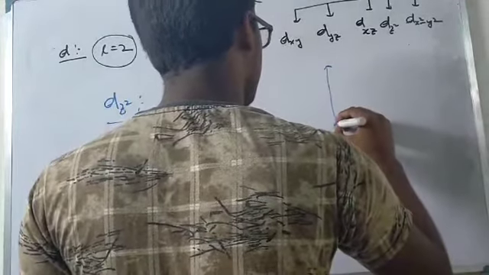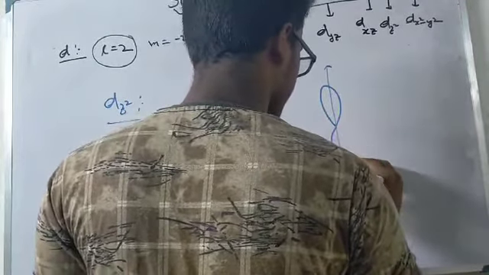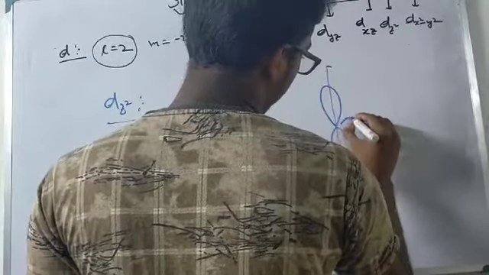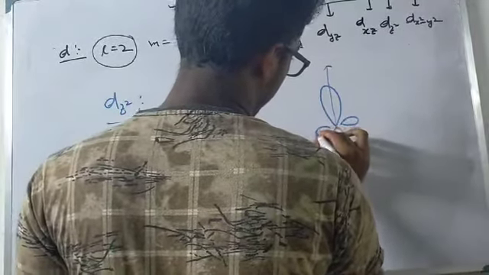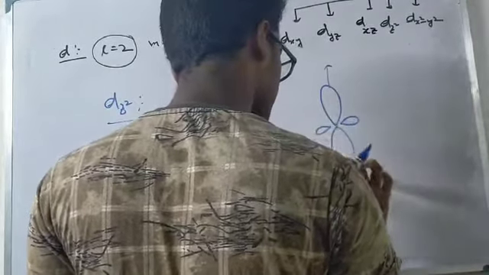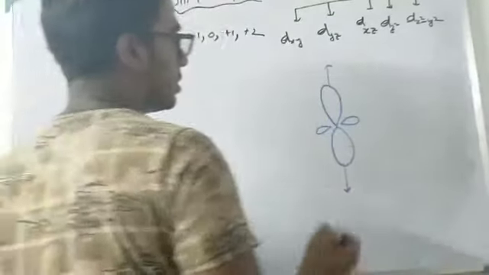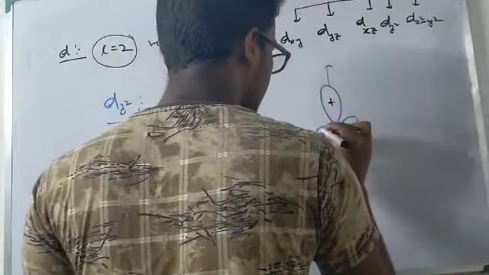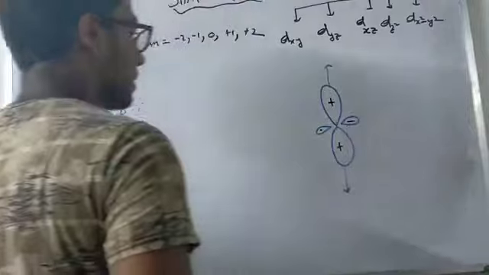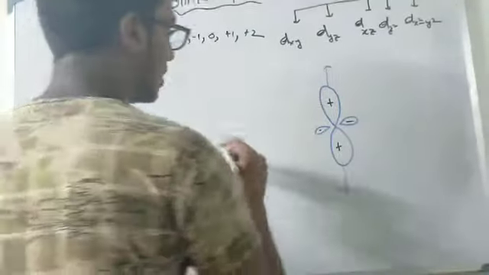If I draw the z square orbital, if this is plus, this is also plus, and these are minus and minus. Now let me draw all the axes.